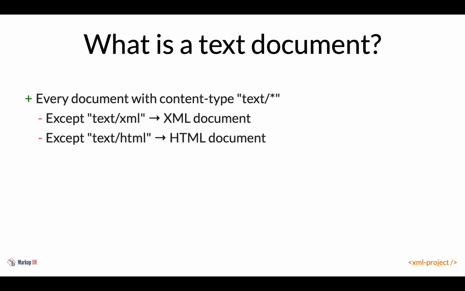So what an XProc processor is supposed to do is to look at the content type of the document coming in, and if it's text/xml, it will call the XML parser. If it's text/html, it will call the HTML parser. And if it's text/something else, then it will create a plain text document.